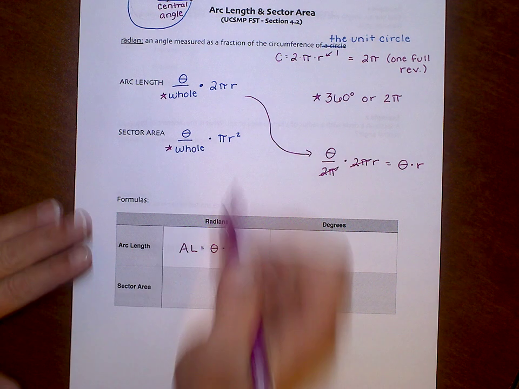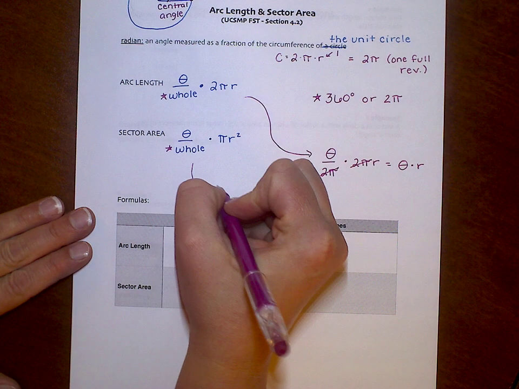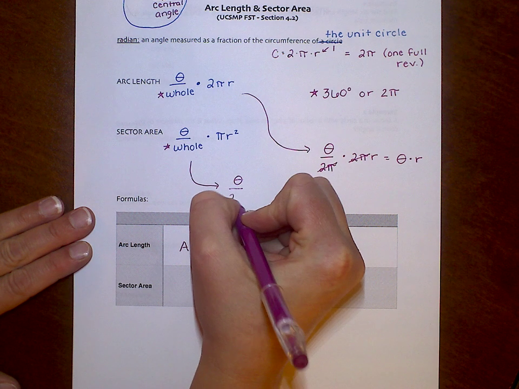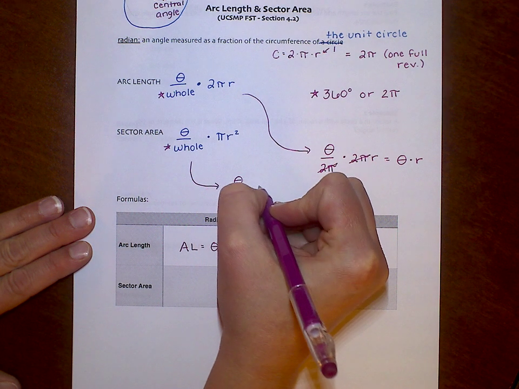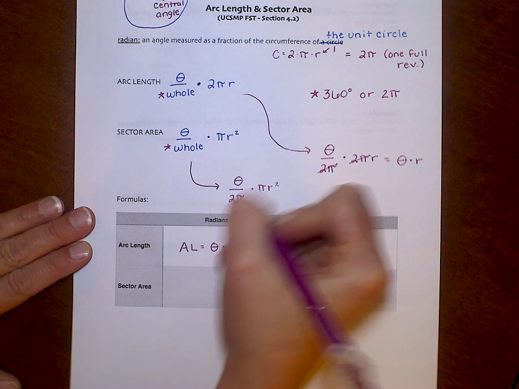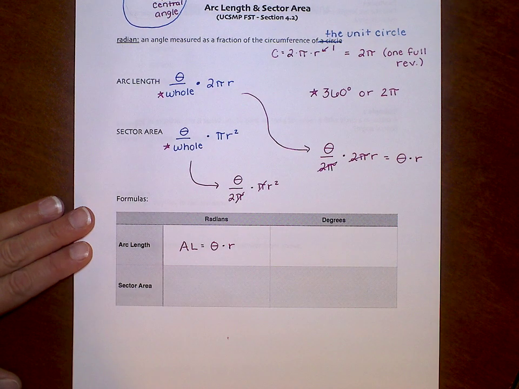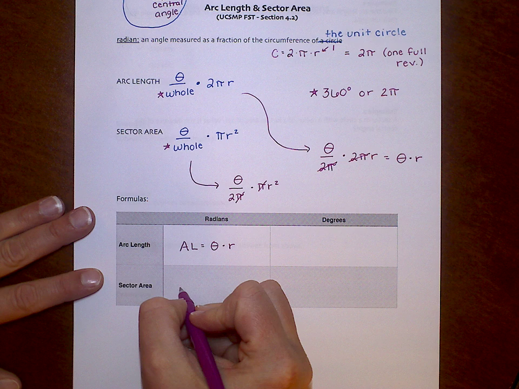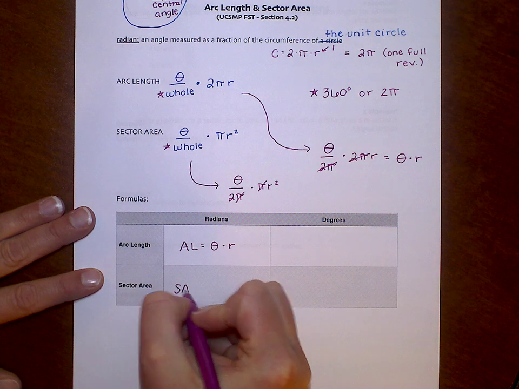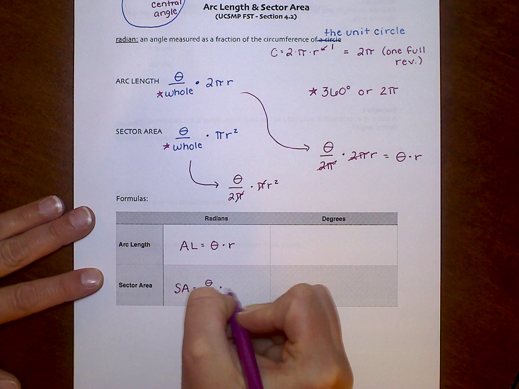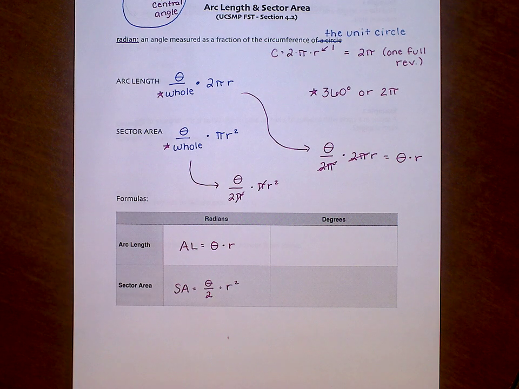A similar thing happens here with sector area if we're working in terms of pi. If I do theta over 2 pi, and then I multiply by pi r squared, the 2 doesn't cancel this time, but the pi's do. And so you end up with sector area equals theta over 2 times r squared. Okay?